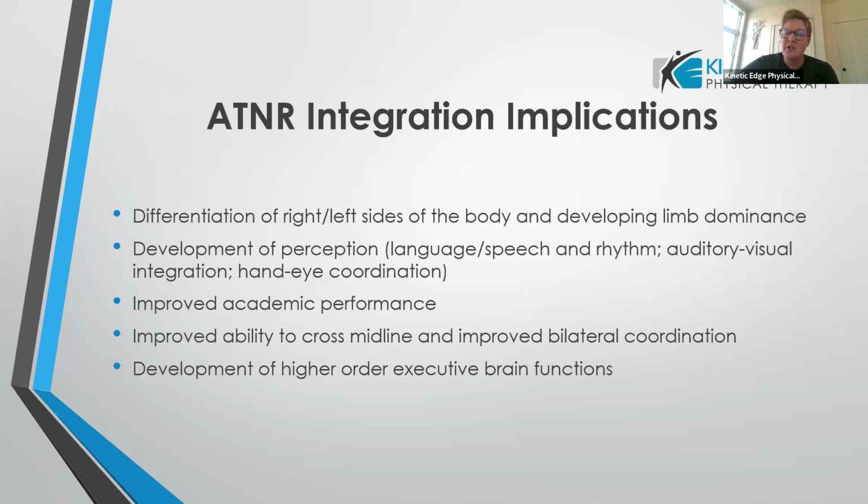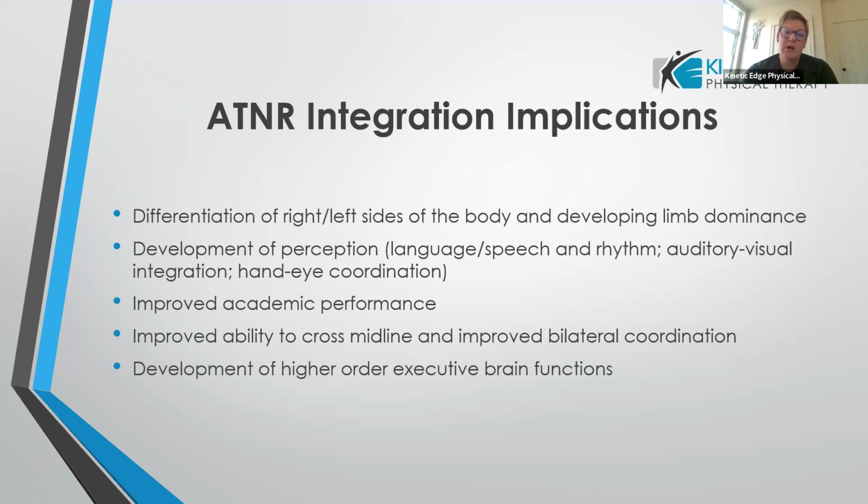So again, these are a little bit repetitive from what we talked about with the different reflex integration implications. But if we are able to successfully integrate the reflexes, then we'll often see some functional improvements. So ATNR: being able to differentiate right and left side of the body, as well as developing limb dominance.